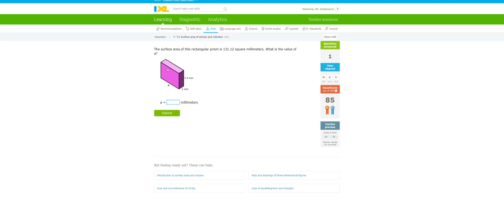Okay, now if we take a look at this right here, it says the surface area of this rectangular prism is 131.12. So that's going to be 131.12, equal to the surface area.